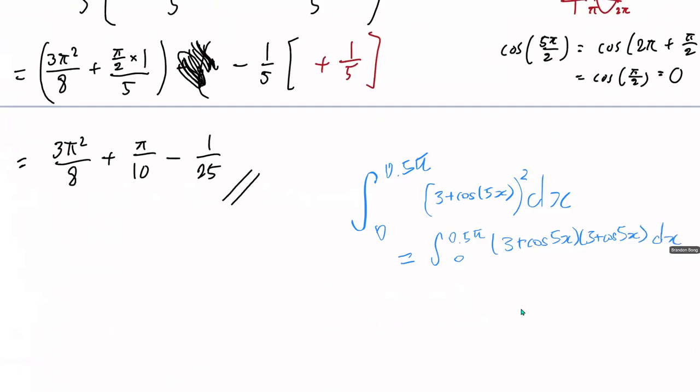It is correct. Okay, a plus b bracket square, then just multiply out. It's a bit faster instead of expanding out 4 terms. Just simplify straight away to 2ab.